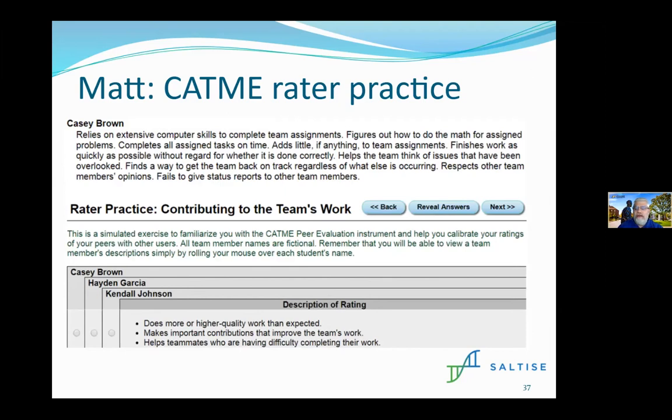And so they get immediate feedback on each of the different dimensions, and as a result, their ability to evaluate students on the fly in actual team activity tends to become more accurate. And I say more accurate based on data on inter-rater agreement regarding their contributions. Next.